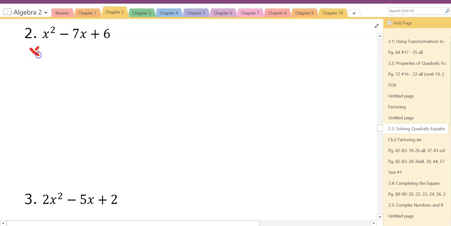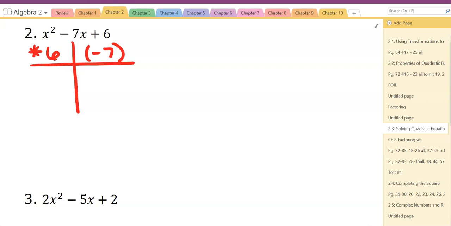So what are two numbers for number 2 that would multiply to 6 and add to a negative 7? Good, so negative 6 times negative 1 is positive 6. And if I add negative 6 and negative 1, I get negative 7.